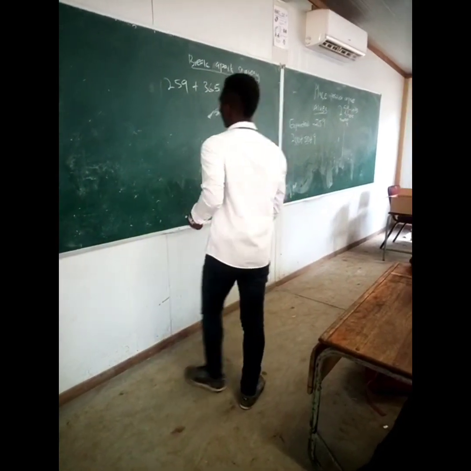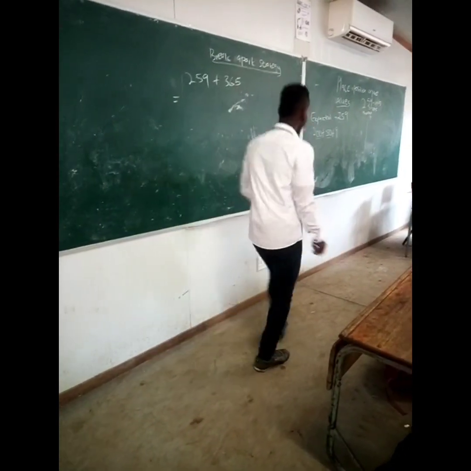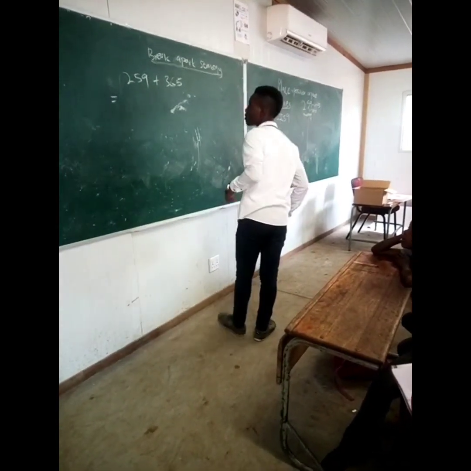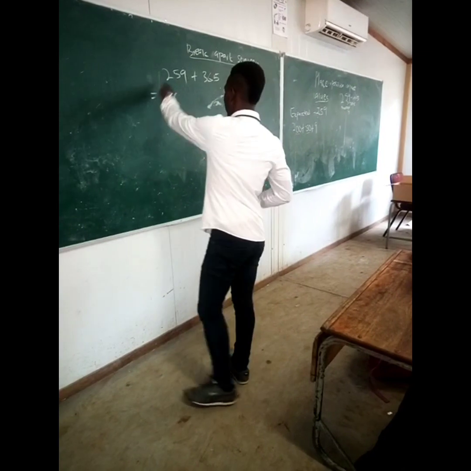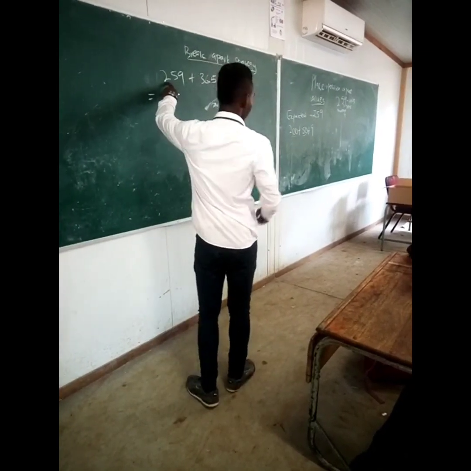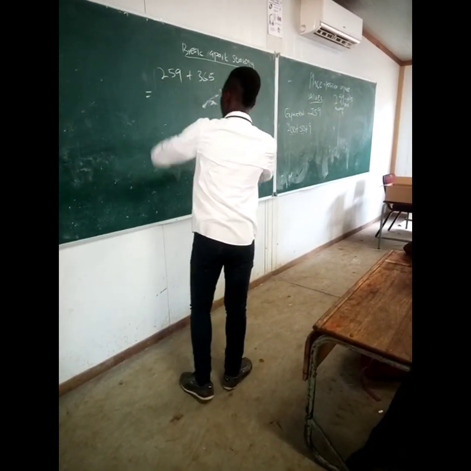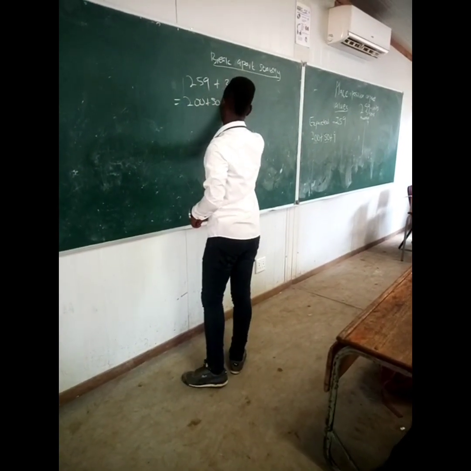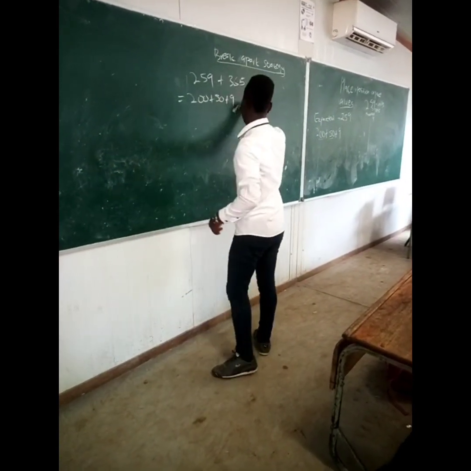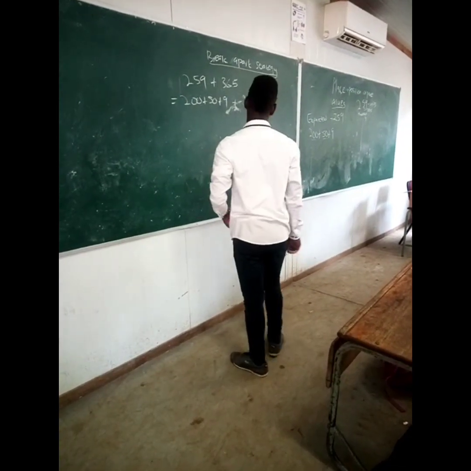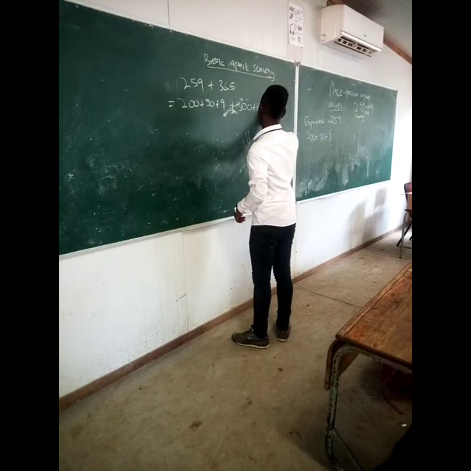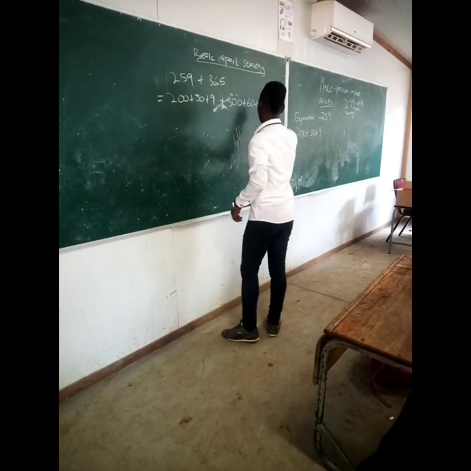At first we expand it. According to the place value, it's still the same as that one. So 200 plus 50 plus 9 plus 300 plus 60 plus 5.